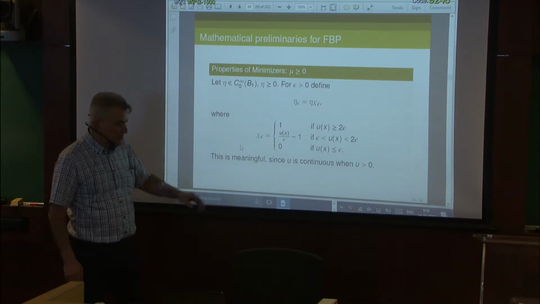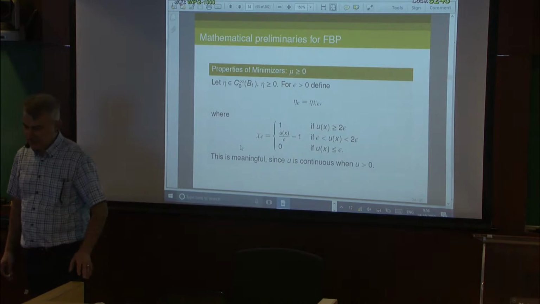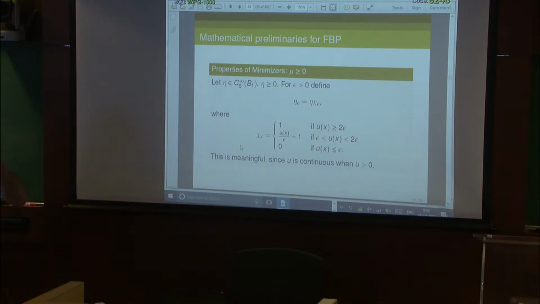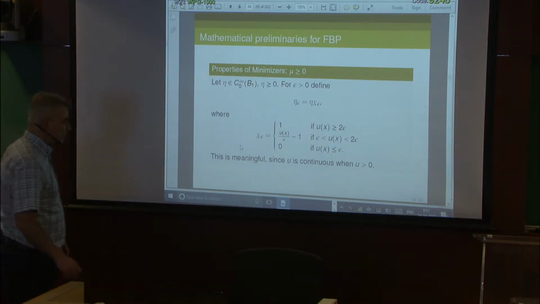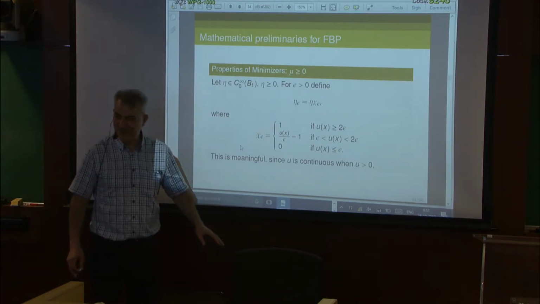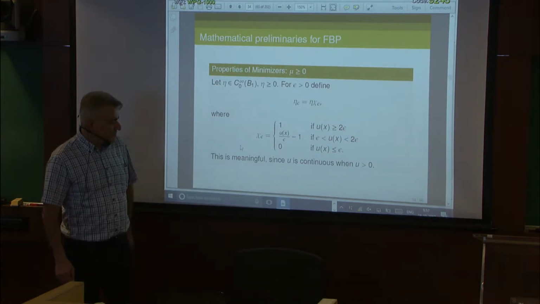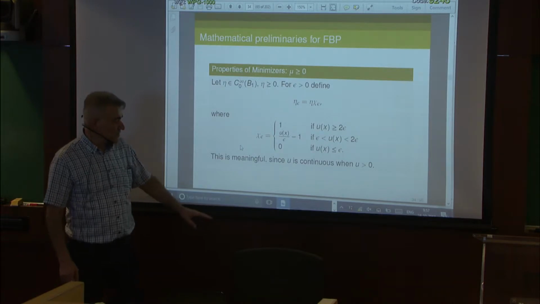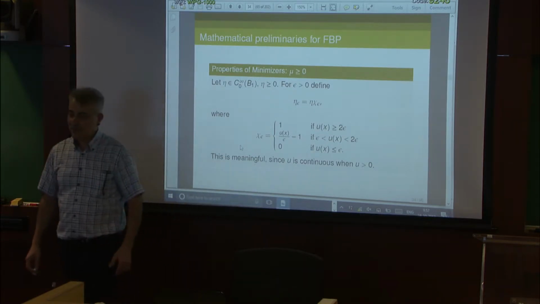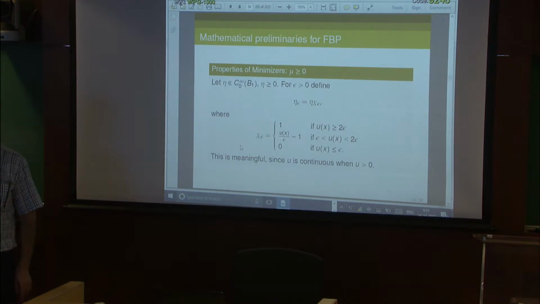I was actually trying to prove this in a different way, and it seems that it can work, and it is much simpler. But I was worried about one point, so I didn't want to take it up here. There is one point that I was not sure about. So anyway, we do have continuity when it's strictly positive, and that's much simpler because we have harmonicity. So it's continuous when you're strictly positive because it's harmonic.